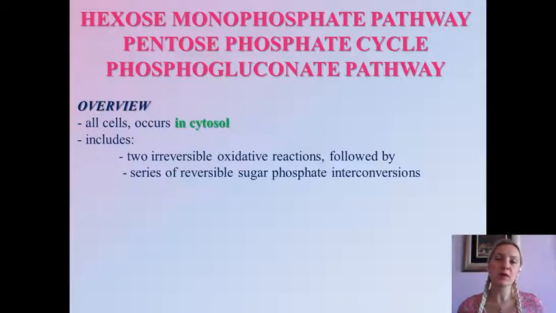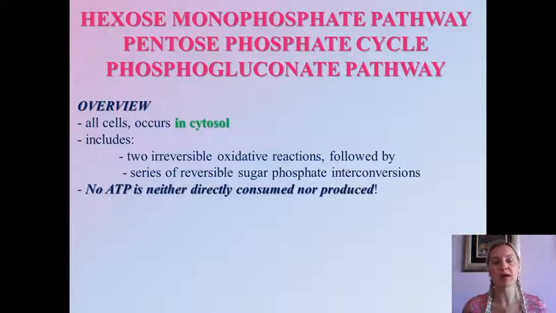So this pathway includes two major parts, or two major domains. First it includes two irreversible oxidative reactions, and those two are followed by a series of reversible sugar phosphate interconversions.